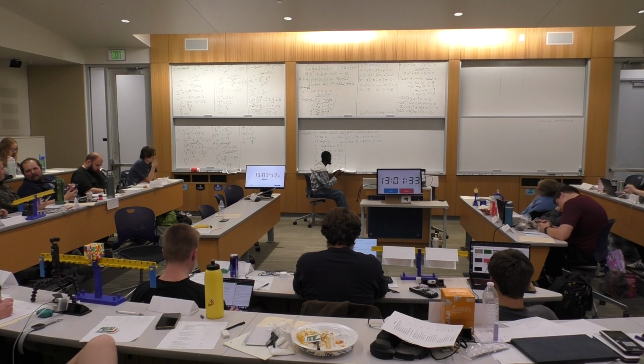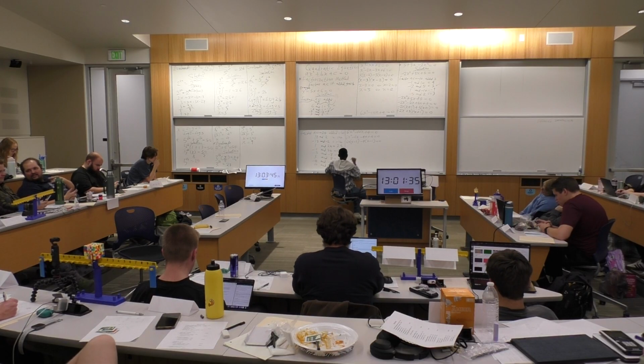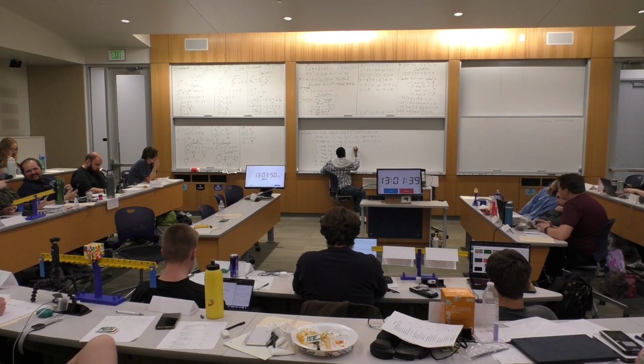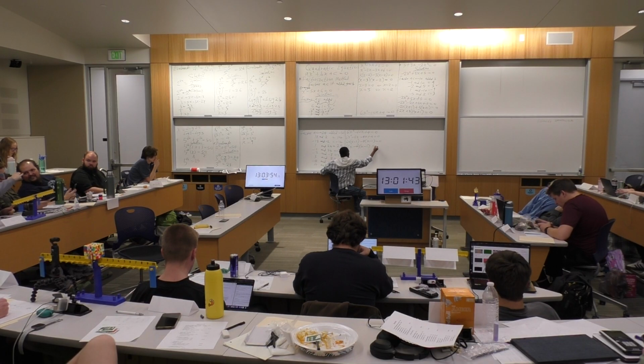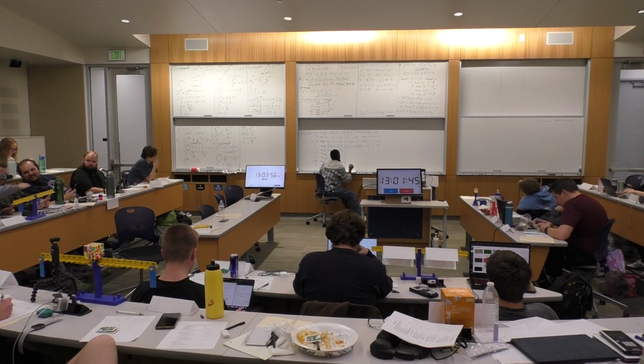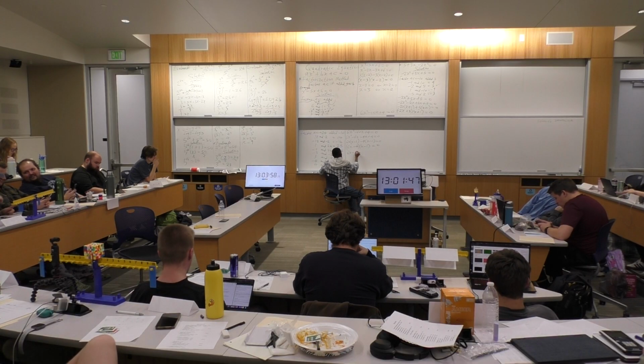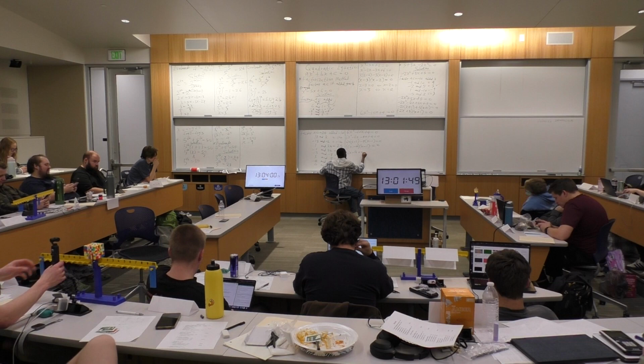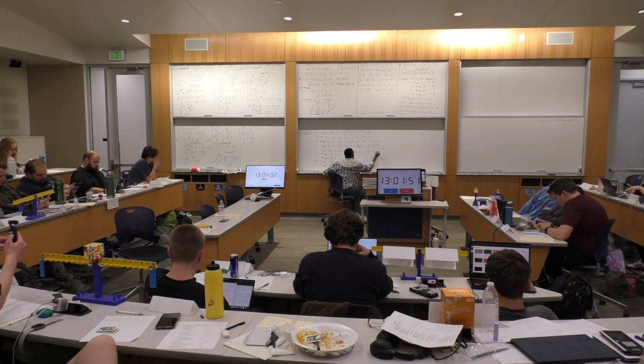So we have 6x minus 4 times x minus 1 equals 0. So it's either 6x minus 4 is equal to 0, or x minus 1 is equal to 0.